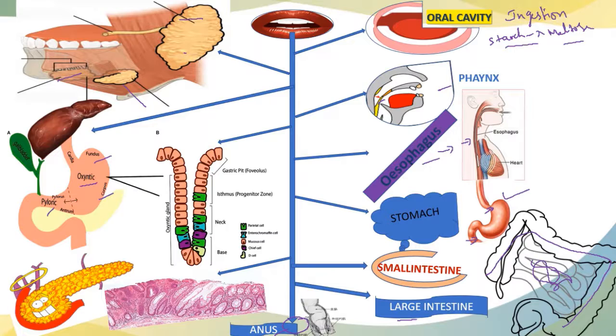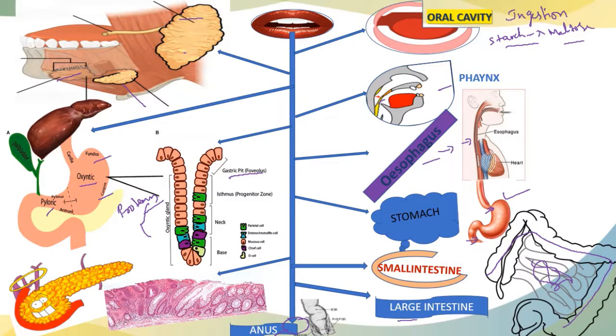The fundic glands secrete hydrochloric acid and pepsinogen, that is pepsin enzyme. And the cardiac glands secrete mucin and very little pepsinogen. This pepsin helps in digestion of proteins.